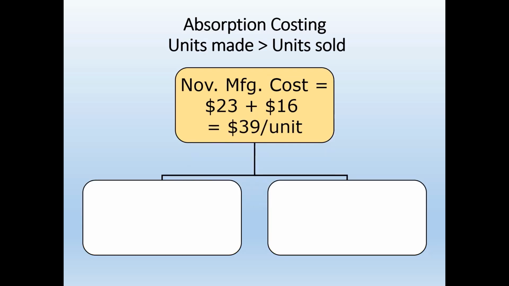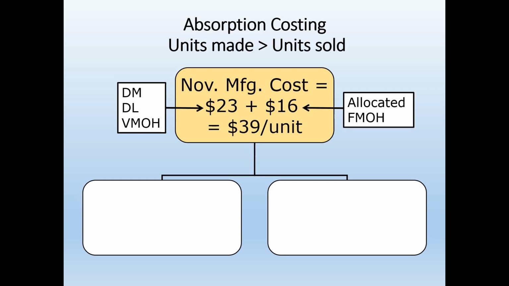Altogether, in November, the total manufacturing cost per unit is $23 of variable costs, direct materials, direct labor, and variable manufacturing overhead, plus $16 of allocated fixed overhead, for a total of $39 per unit.